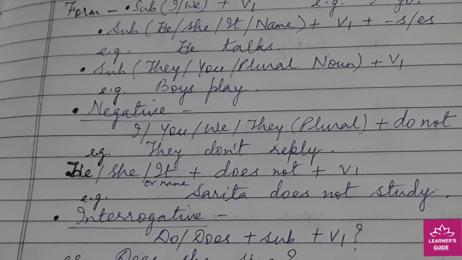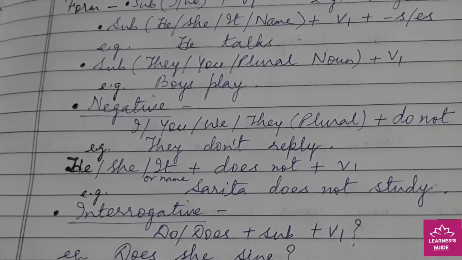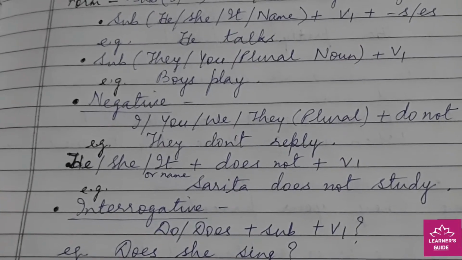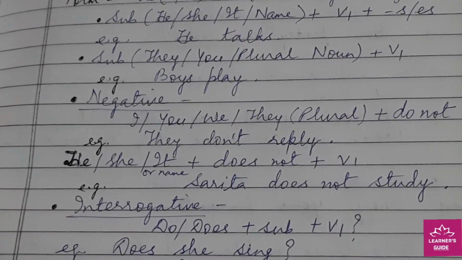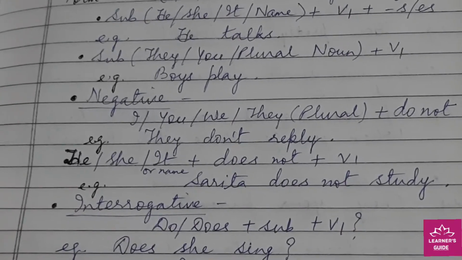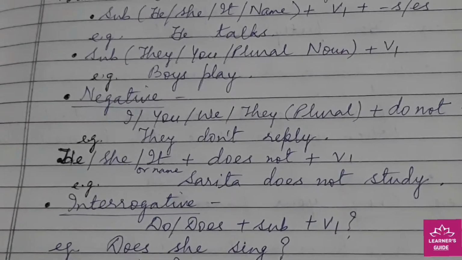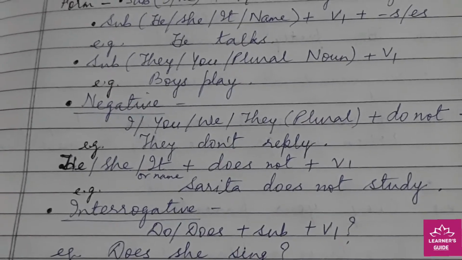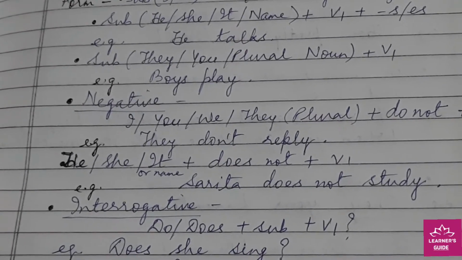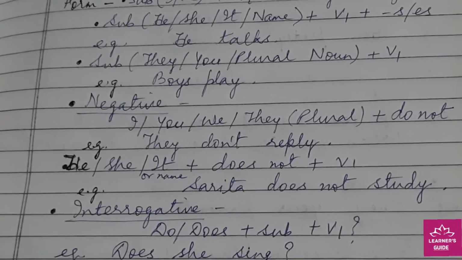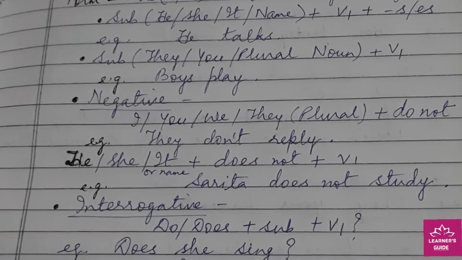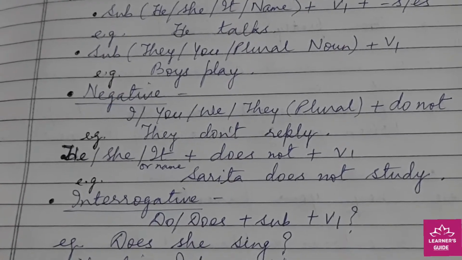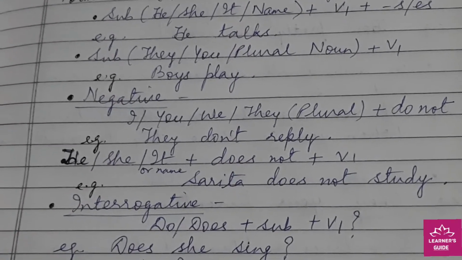Now our subjects can be plural number also, like they, or second person you, or any plural noun like girls, boys. Girl is a singular number, so plural number is girls. Boy is a singular number, so its plural number is boys. So with these kind of subjects also, we write first form of the verb in simple present tense.